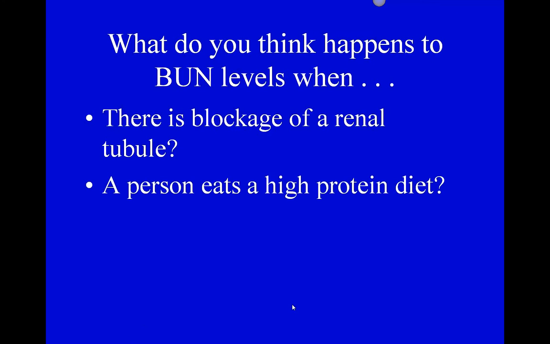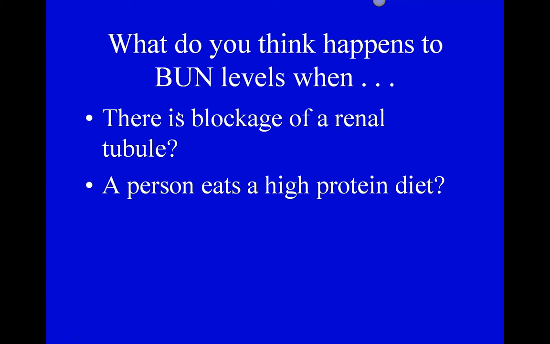What do you think would happen if I eat a high protein diet? So let's say I'm trying to lose weight and I've done a little bit of research, and there is some data that shows that switching to lower carbs and normal or higher protein levels helps. So I eat a lot of eggs, I eat a lot of fish, I eat a lot of meat.